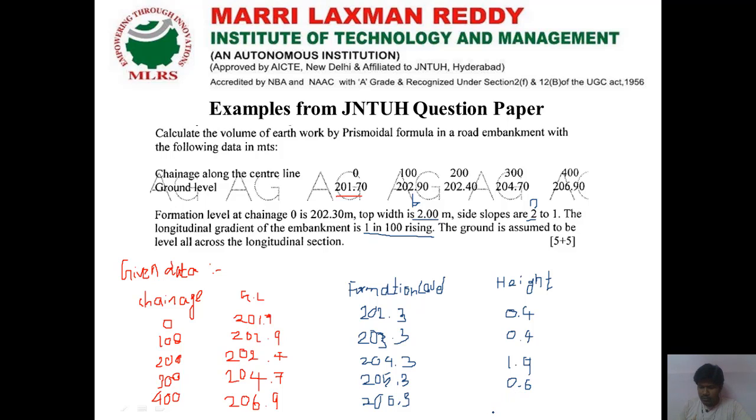Then last, 206.3 minus 206.9, so minus 0.6 meter. So the net quantity we have to get. The minus indicates here we have to do cutting and here we have to do filling quantities.